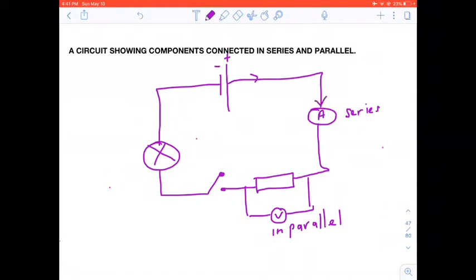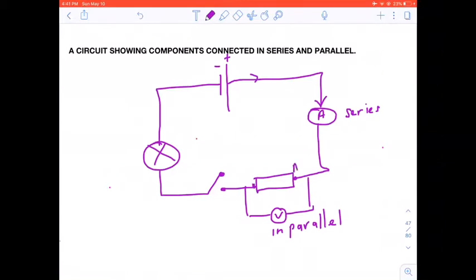That means there is only one conducting path, and the charges move through this ammeter, and then the charges move through this particular resistor here, and the voltmeter is connected in parallel because it actually measures the voltage between these two points.